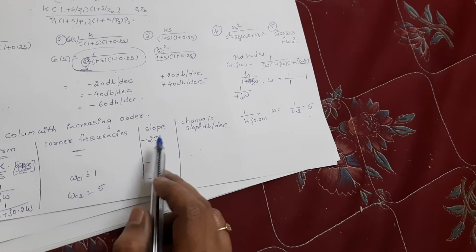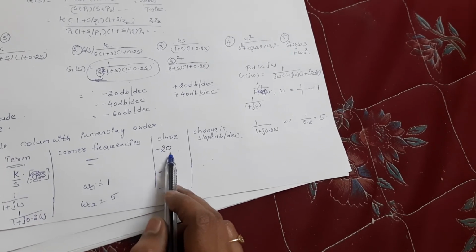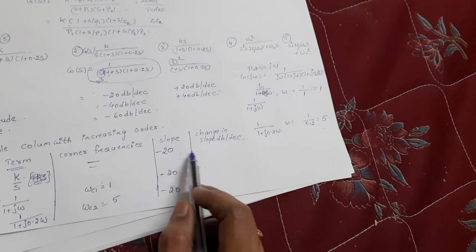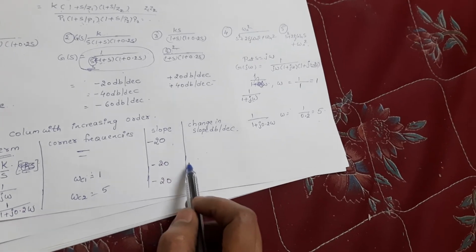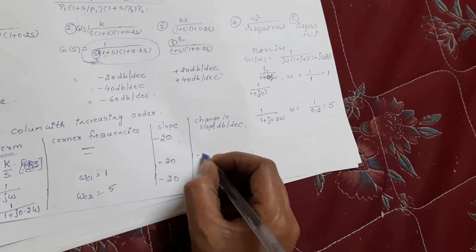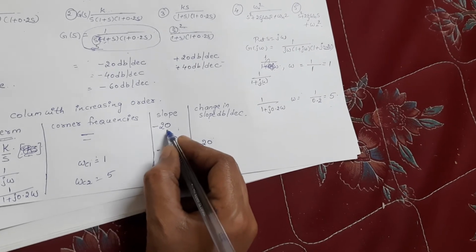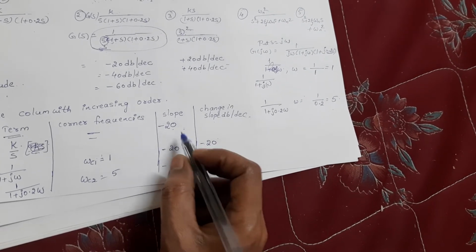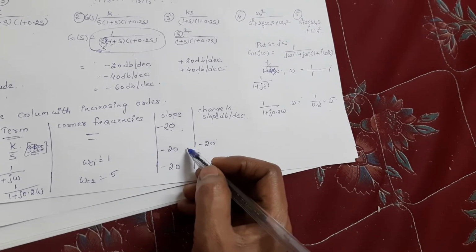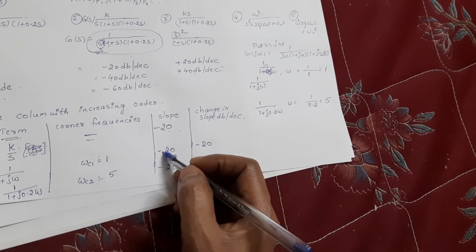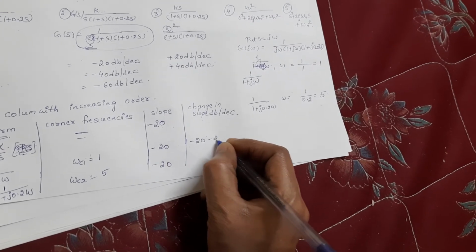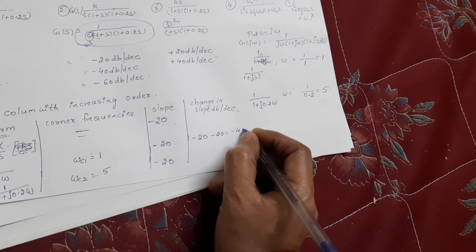Now the change in slope: here nothing is there. But coming to here, minus 20, this value plus this value: minus 20 plus minus 20 becomes minus 40.